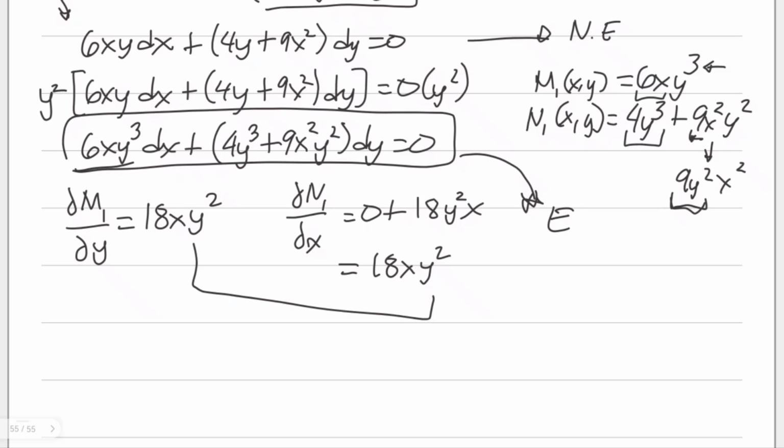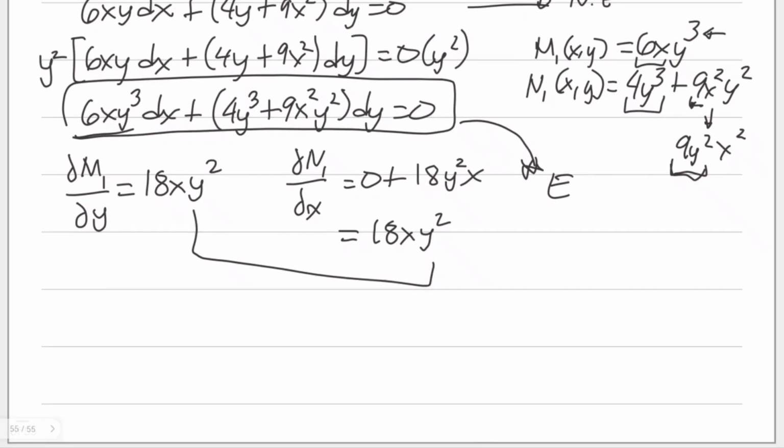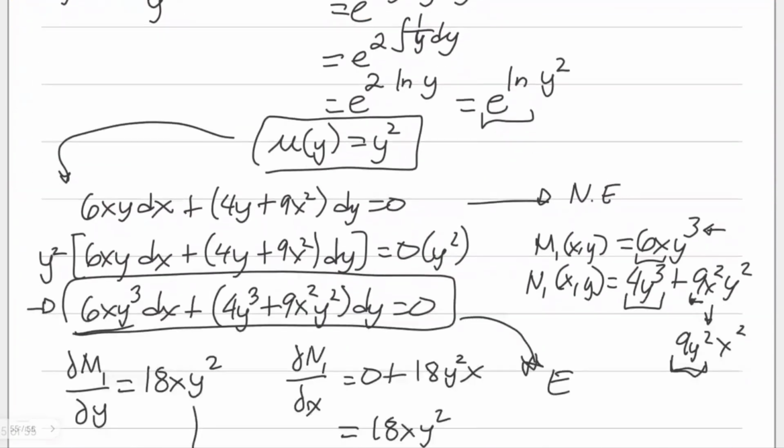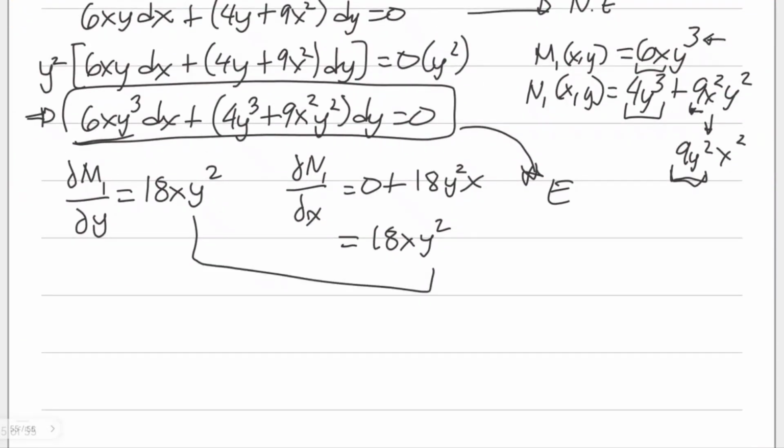In this part of the video, we will be using the processes of solving exact differential equation. I don't have much space here, but let me try to use another page later. To solve for an exact differential equation, focusing on this, not the original, because the original is non-exact and this is what is exact using the integrating factor we did earlier, we will have to show f of xy equal to c.